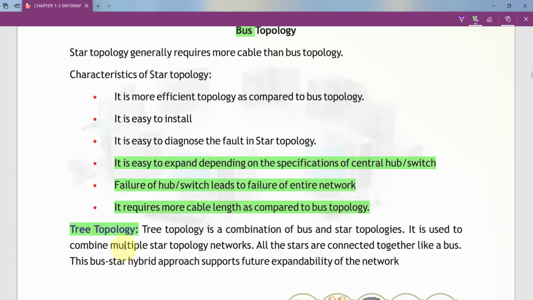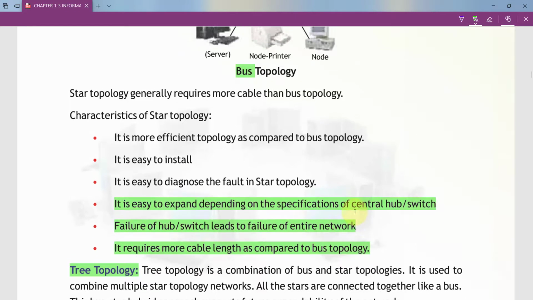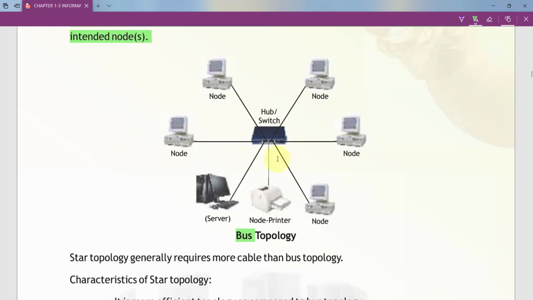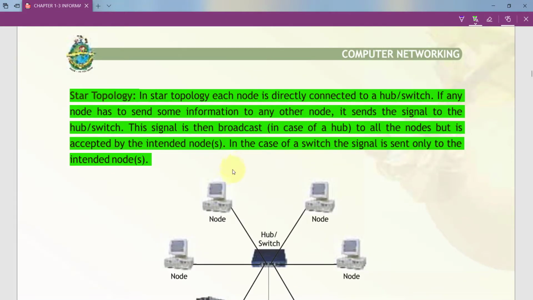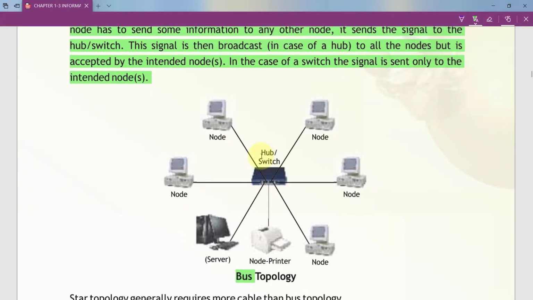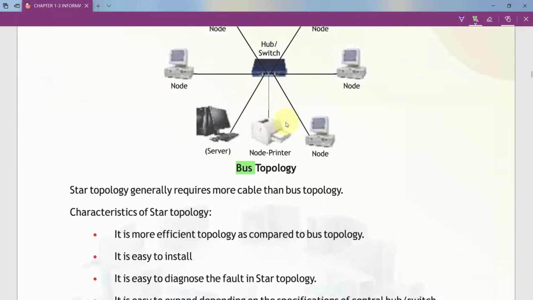And next, it requires more cable length as compared to bus topology. In a bus topology, all nodes are connected with a single cable, but in the star topology there are separate cables, means each node is connected directly with the hub. So that's why we need more cable.